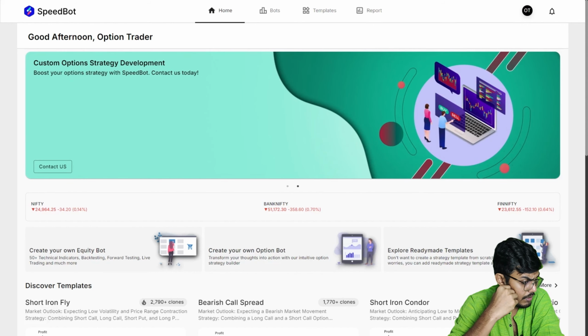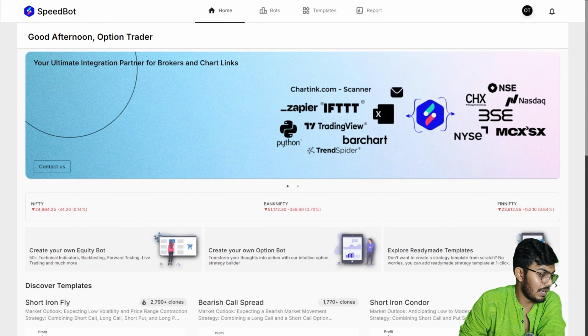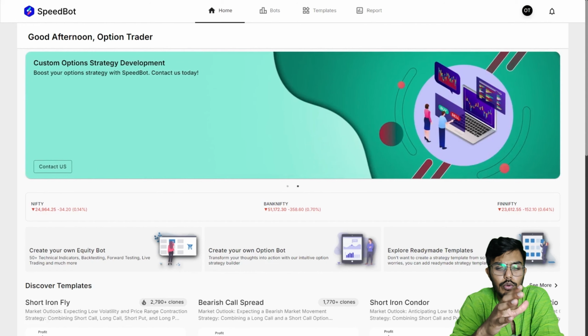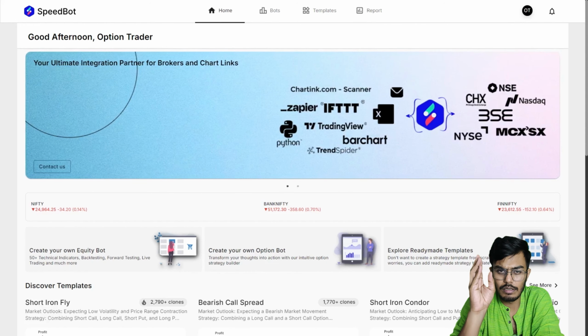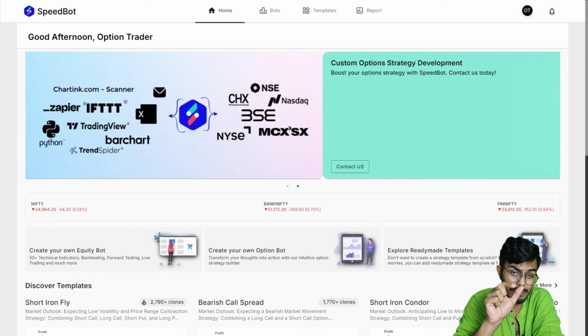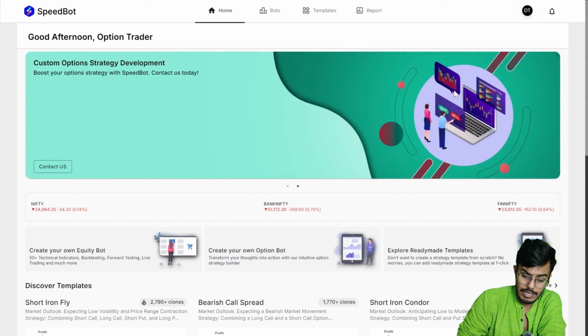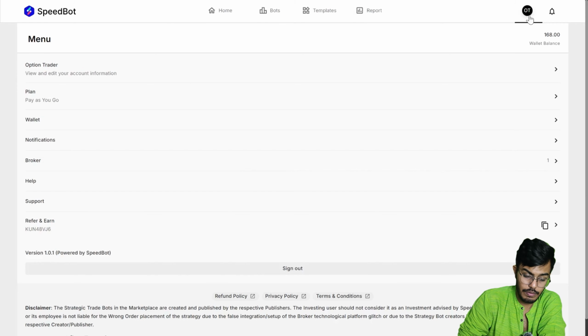Okay, so let's move on to the next question. Can you please explain to me the different pricing on SpeedBot? This is a question asked by Meet. So Meet, to answer your question, once you sign up on SpeedBot, you can go over to the menu section, and there you'll be able to see a plans section. Once you click on that, you'll get the details of the plans.